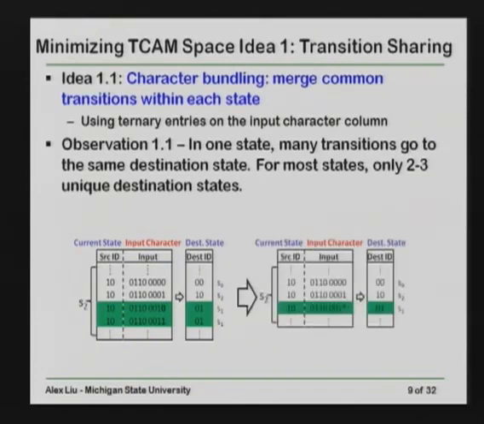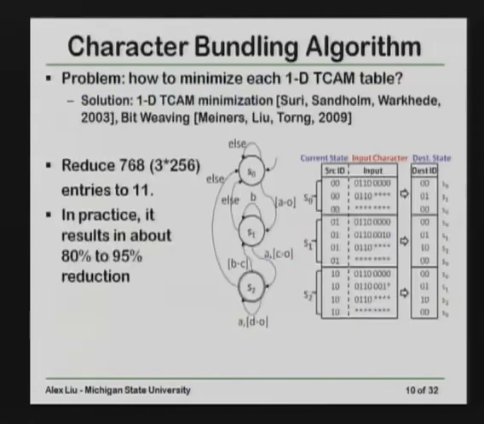We can combine these 2 entries together by replacing the last bit by a star, right? This star will match both entries. So that will save TCAM space, right? This is just a simple example that illustrates that this is possible. But the algorithm is much more complex than that.